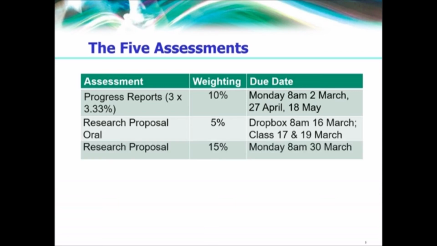The next assessment is the research proposal itself. This is worth 15% and it's due in to turn it in at 8 AM on Monday, the 30th of March. As well as uploading your research proposal, you also need to upload and submit your research ethics application, or the REA, and your informed consent form.